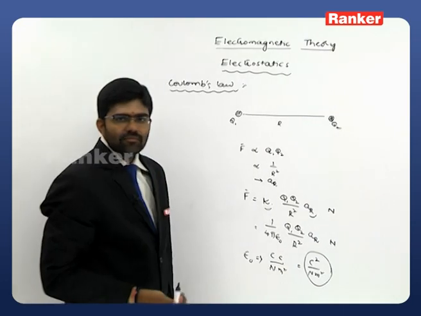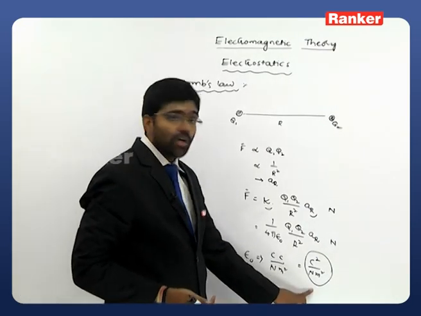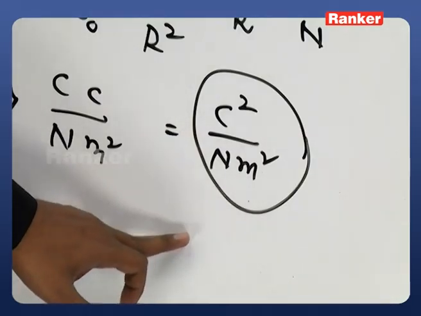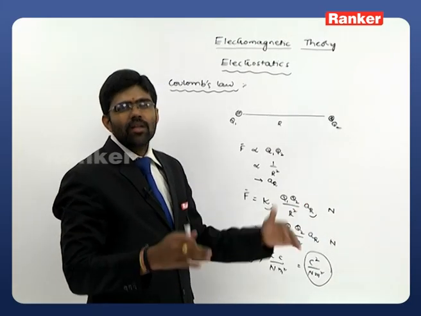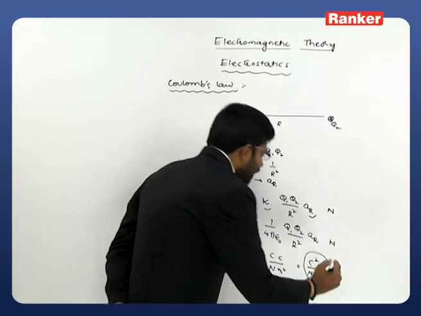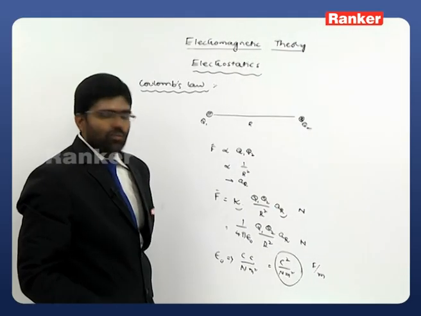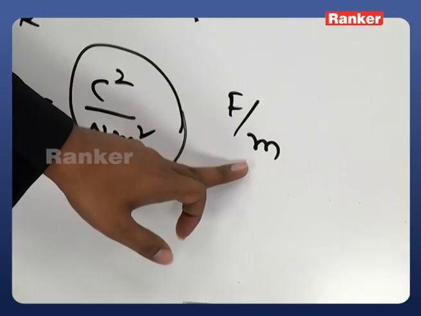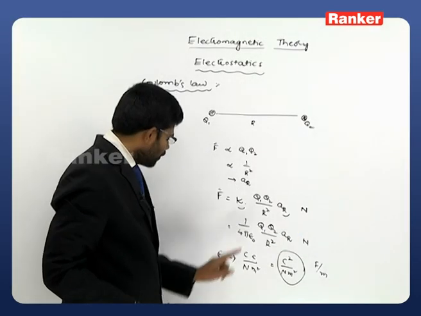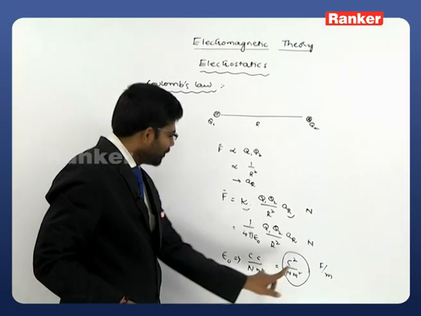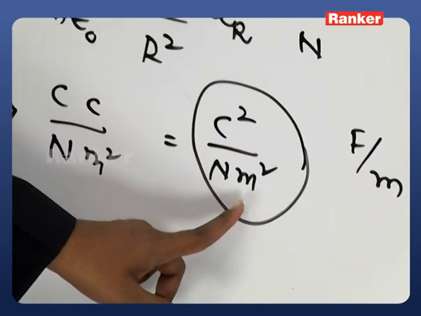Don't think that this is the only unit we use for epsilon or epsilon naught. We have another unit which is widely used in our entire course, that is farad per meter. We will discuss later how this farad per meter came. But for now, just remember epsilon has units of Coulomb square per Newton meter square.